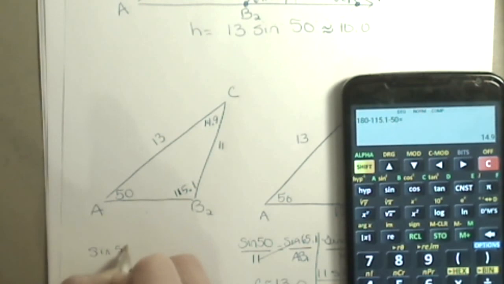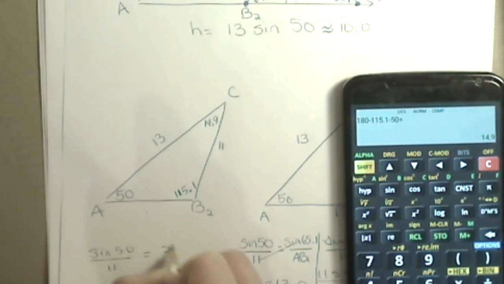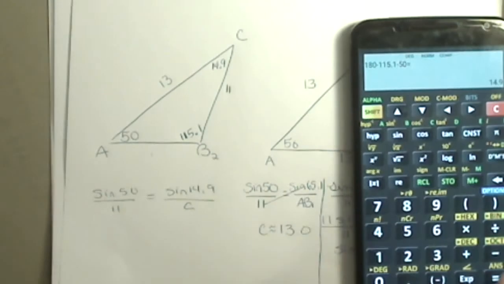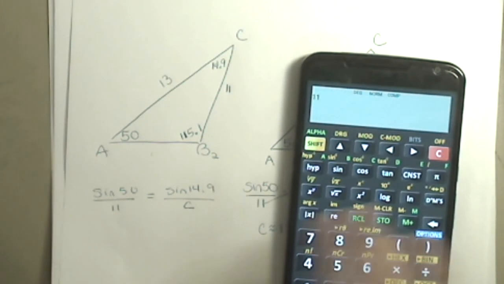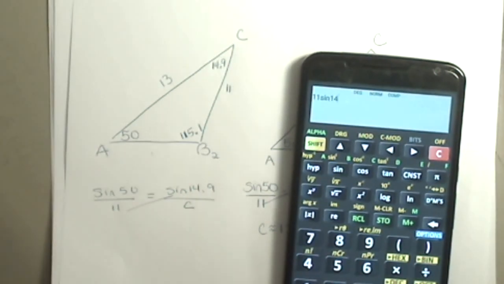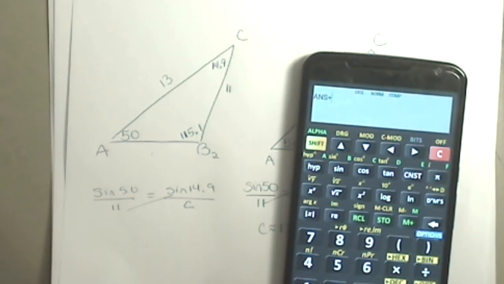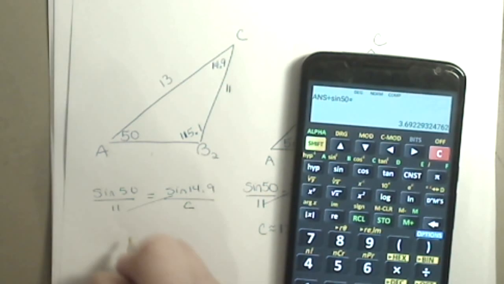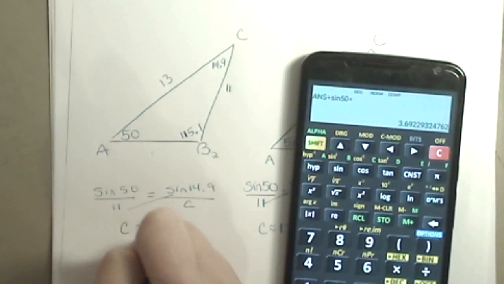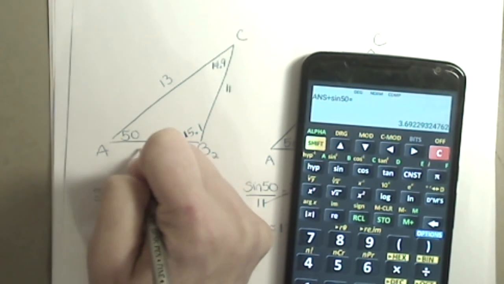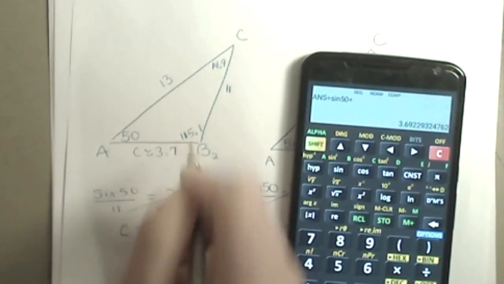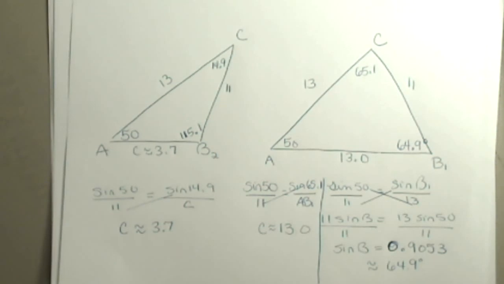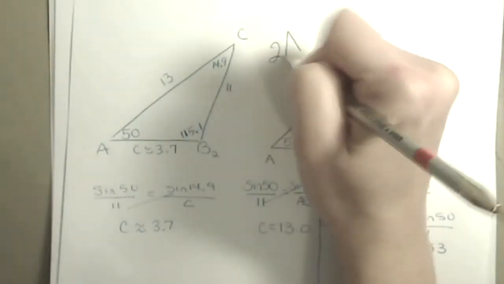So sine 50 over 11 equals sine 14.9 over C. I get 11 times sine of 14.9, and then I'm going to take that and divide it by the sine of 50 in my proportion. And I get 3.69, about 3.7. C is approximately 3.7. So this ambiguous case in which I got two triangles, both triangles have been completely solved. All the sides and angles are labeled. I have two triangles.